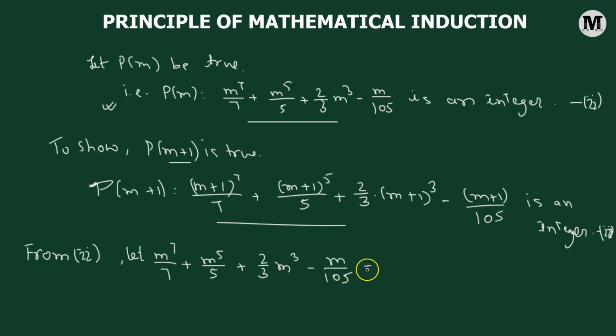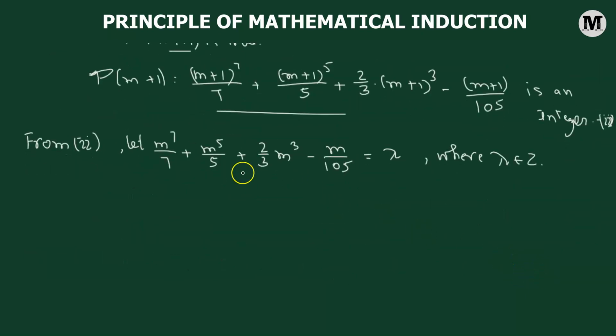Since this is an integer, we can express the entire expression as lambda, where lambda is just another integer.